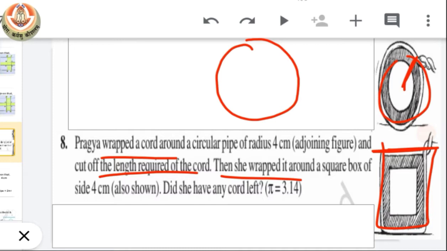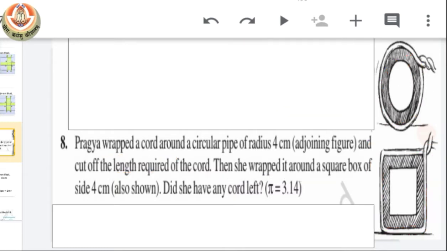Now we have to answer, did she have any cord left after wrapping this square? So in this question we have to compare the circumference of the circular pipe and the perimeter of the square, and answer whether the perimeter of the square is equal, smaller or larger than the circumference of the circular pipe, and by how much.